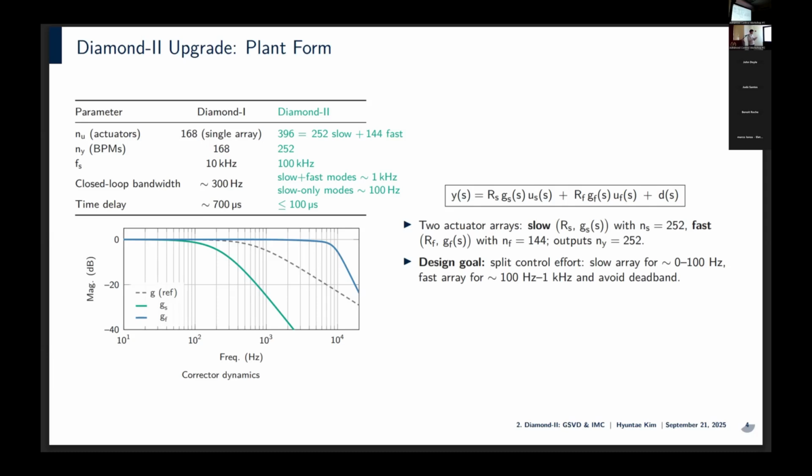In this system, our design goal is to split control effort to the slow array for 0 to 100 hertz, and the fast array for 100 hertz to 1 kilohertz, and avoid a deadband, wanting to use both fast and slow correctors of the system.